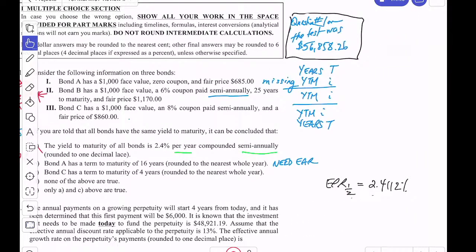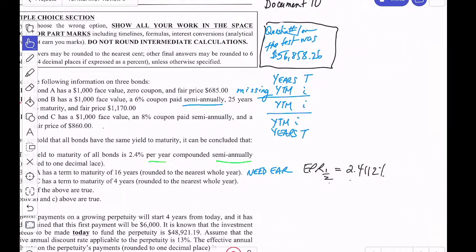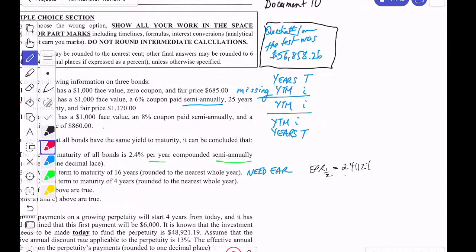So this is the effective annual rate that we computed, and we should store this in our calculator because we're going to need it. So this should be stored. And what you want to do with it is convert it to an effective annual rate.